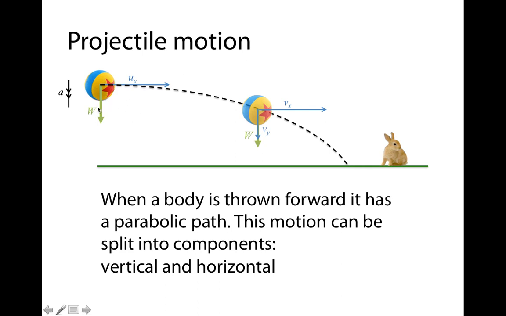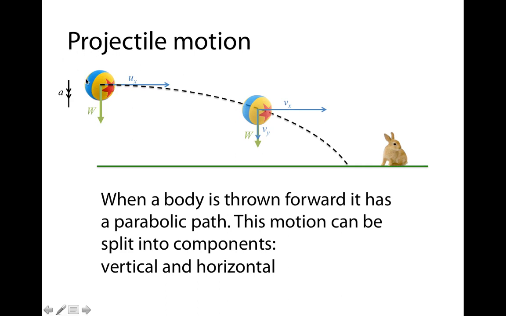Since the force is at right angles to the horizontal velocity, there is no acceleration affecting that velocity. So the velocity is unchanged horizontally. Nothing's speeding it up, nothing's slowing it down. So ux, the initial horizontal velocity, is the same as vx, the final horizontal velocity. It makes no difference.